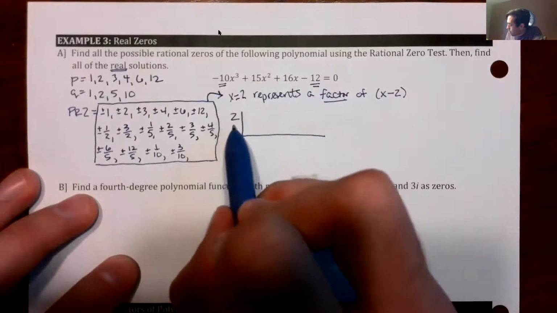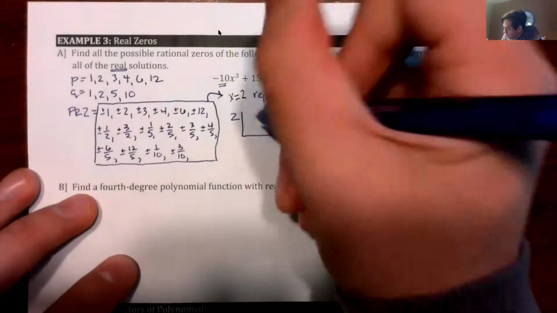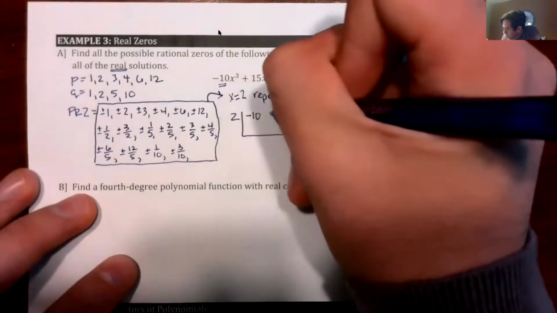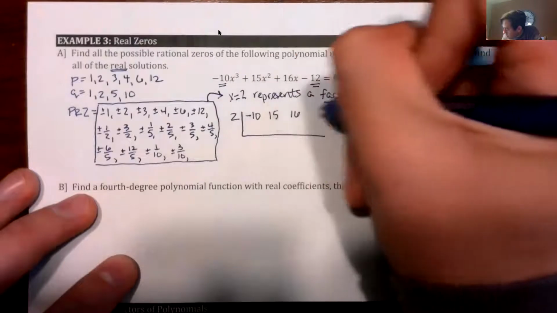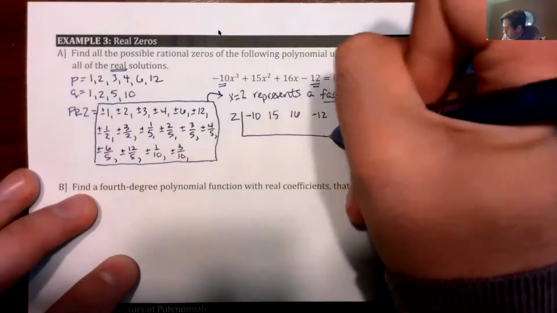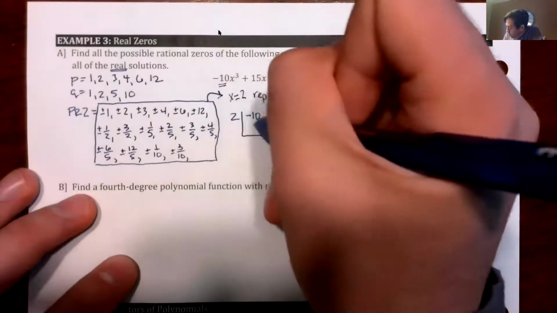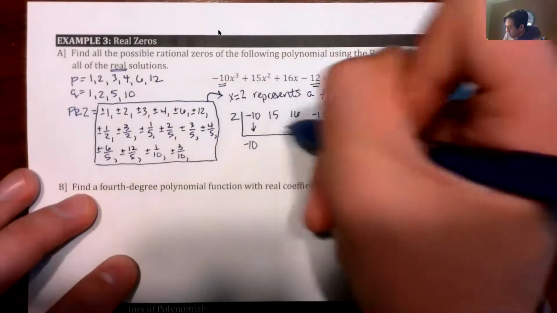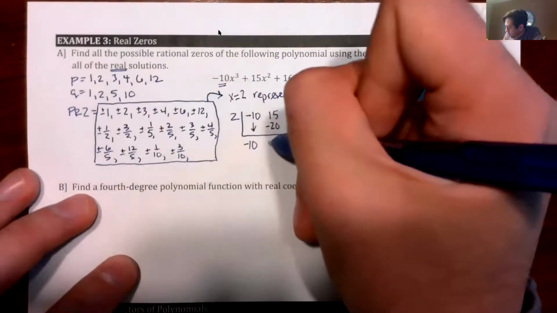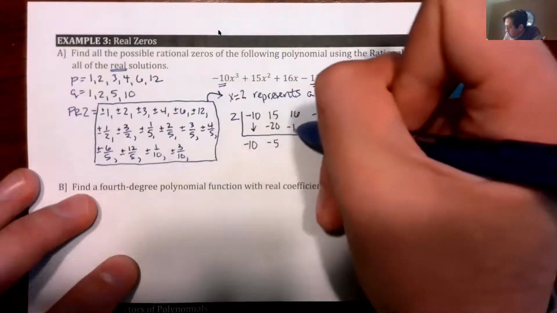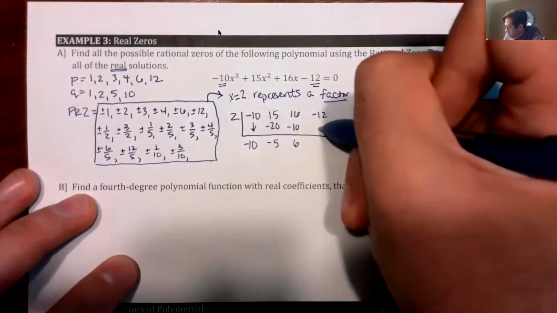So we put a positive 2 in front. We've got to write down our coefficients. Don't need any 0 placeholders for this one. And let's do it. So we're going to pull down a negative 10. Negative 10 times 2 is negative 20. We get negative 5, negative 10, 6, 12, 0.